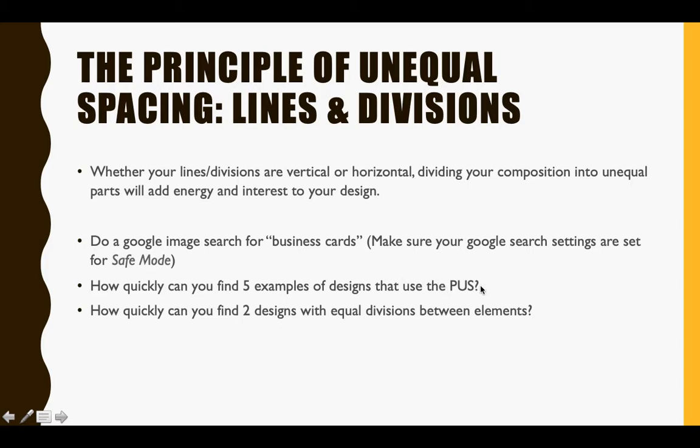You could look for lines and divisions, but you can also just look at what we did the other day with things in 3 different places, not the same distance from the edge of the card, all right? After you finish this, do another Google search on designs with divisions between the elements, just like the card above. So pause the video and do a little search.